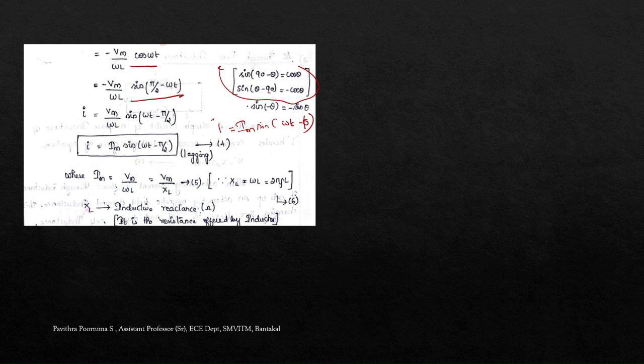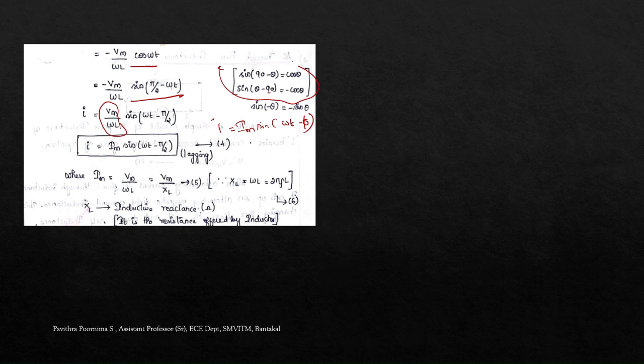So to rearrange it, we are using one formula, sine of minus theta, which is minus sine theta. So Vm by omega L sine of omega t minus pi by 2, because minus will be plus. So I equal to Vm by omega L, this ratio can be written as Im sine omega t minus pi by 2.